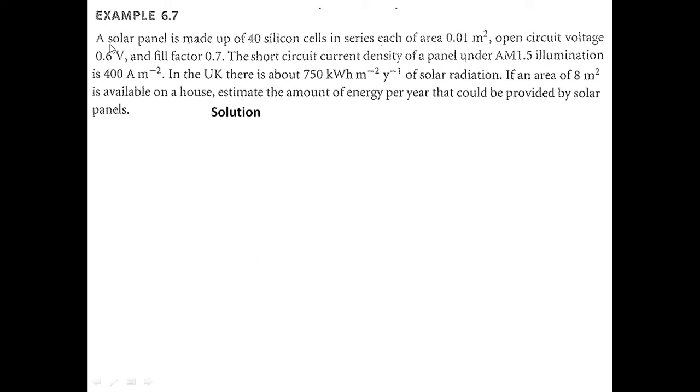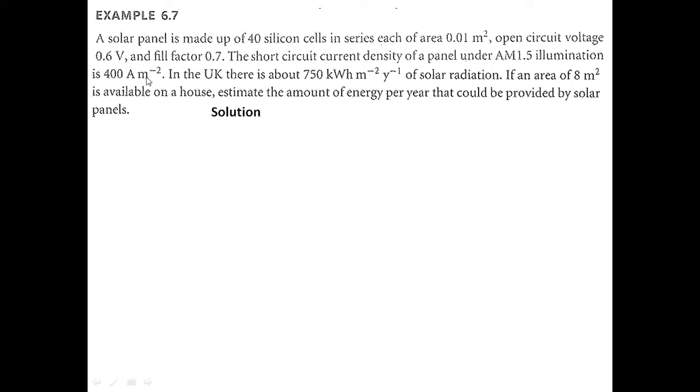Let's say a solar panel is made up of 40 silicon cells in series, each of area about 0.01 meter square. Open circuit voltage is about 0.6 volt and the fill factor is about 0.7. The short circuit current density of a panel under AM 1.5 illumination is 400 amperes per meter square.